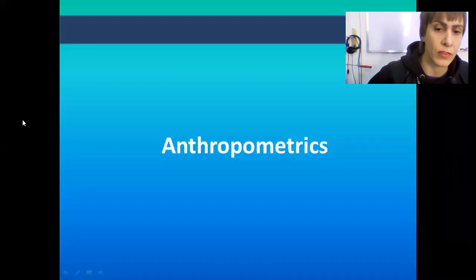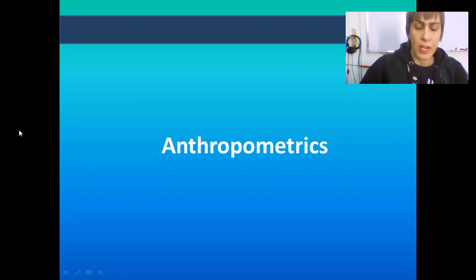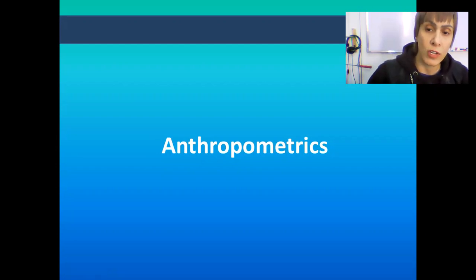Hello, students. Today I will discuss anthropometrics, which is a very important part of ergonomics. Now, I mentioned before, when I discussed the introduction to ergonomics, the basics, that the human body dimensions, which means the human body measurements, are very important to consider when you design something.